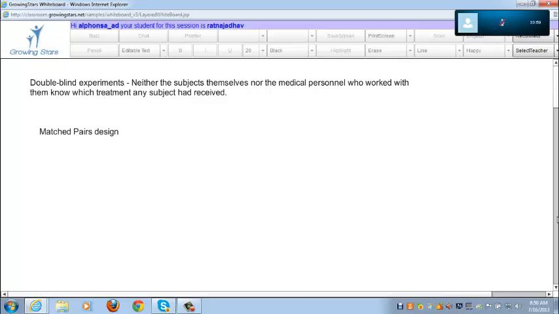Yes. But in some experiments, we have to give the treatments to two different groups. But if both treatments are given to the same group, it's a matched pairs design.